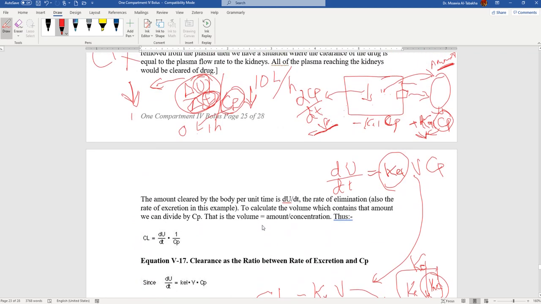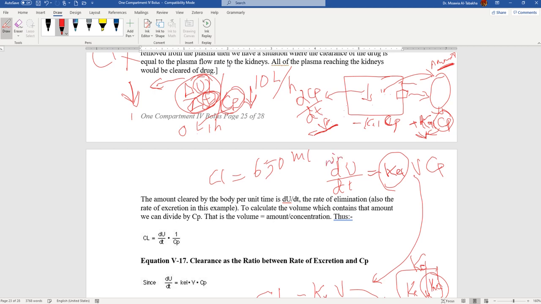How do you mean? For example, if I tell you that the plasma flow rate to the kidneys is equal to 650 ml per minute. Okay? If the drug is 100% efficiently cleared by the kidney, the clearance of the drug must also be equal to the plasma flow rate, which is 650.